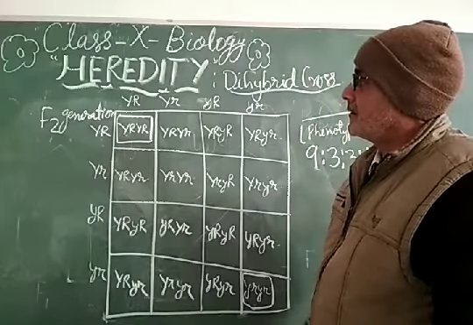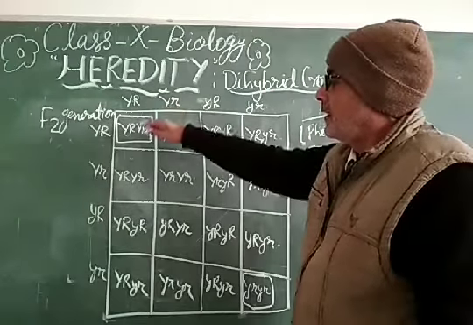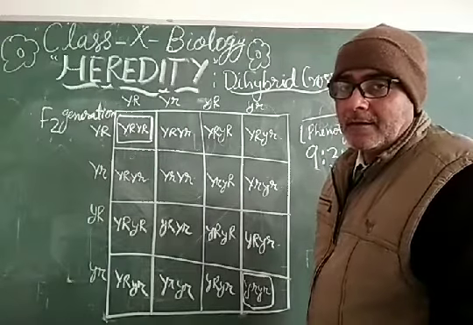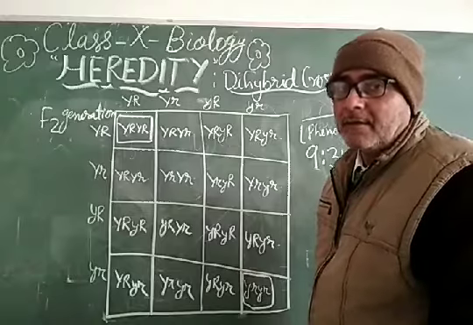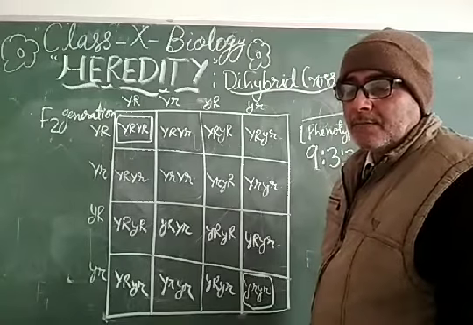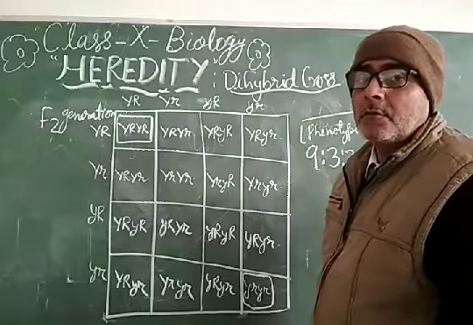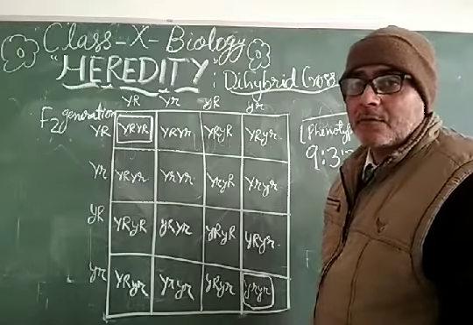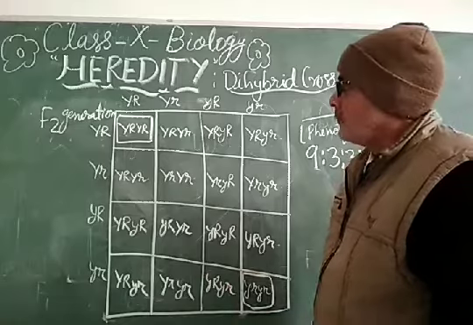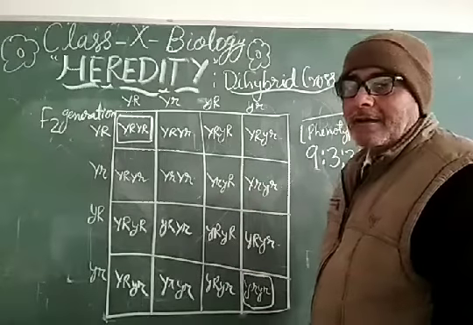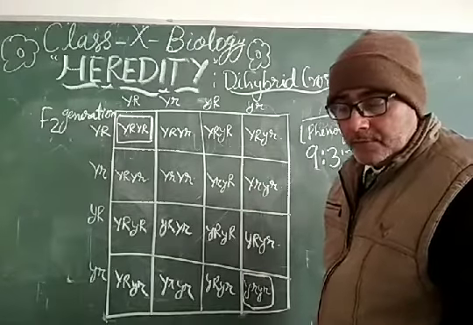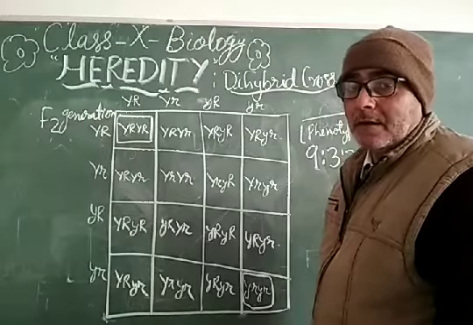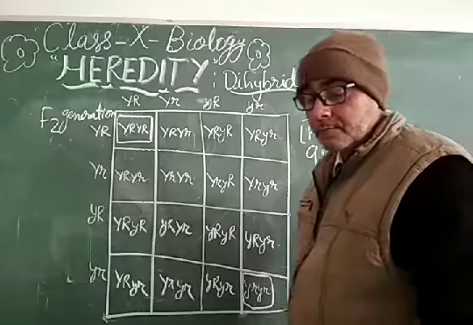Mendel assumed that these characters are dominant because of natural selection. The theory of natural selection says that every species always tries to reproduce in a better way, with better characters, so that they can survive for a long time. So Mendel only presumed, but later on it was confirmed with the natural selection theory of evolution.